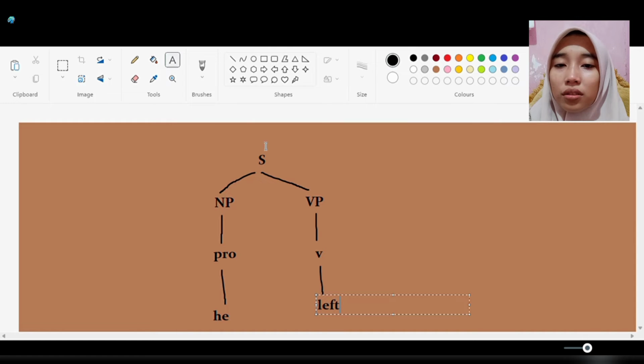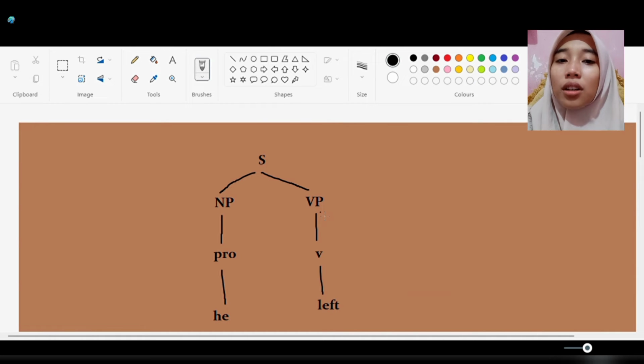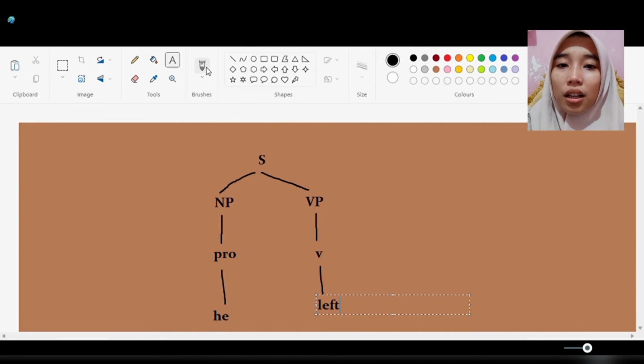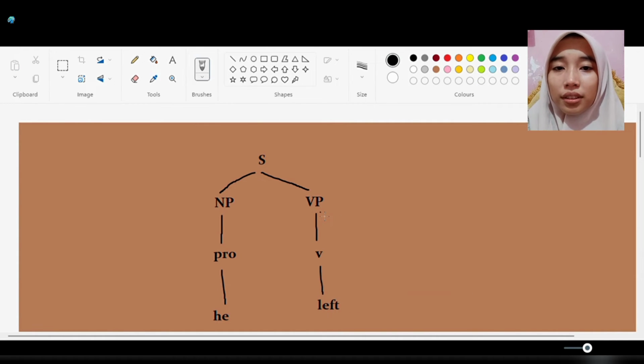We've got to specify what this intermediate node is here, and we want to call that a pronoun, as in "he." Right after that, we have the verb "left." So let's remind ourselves that it's a verb, "left." So it's a very simple tree diagram for that sentence.